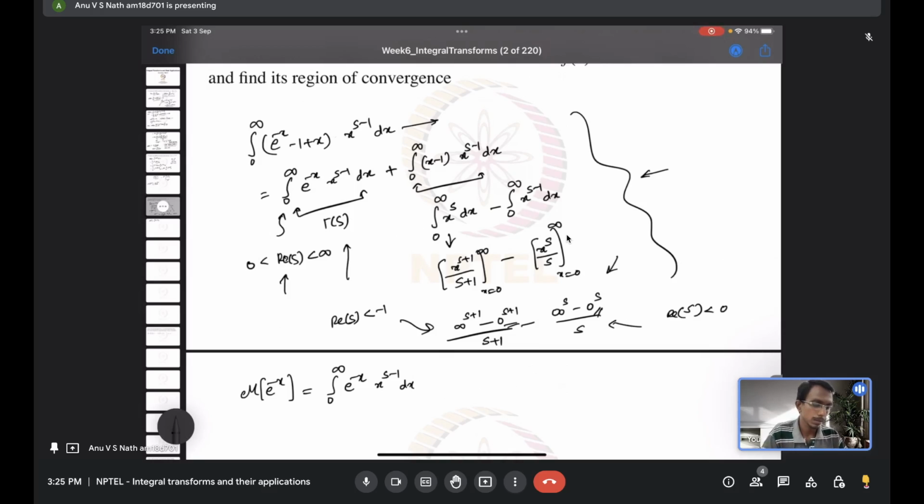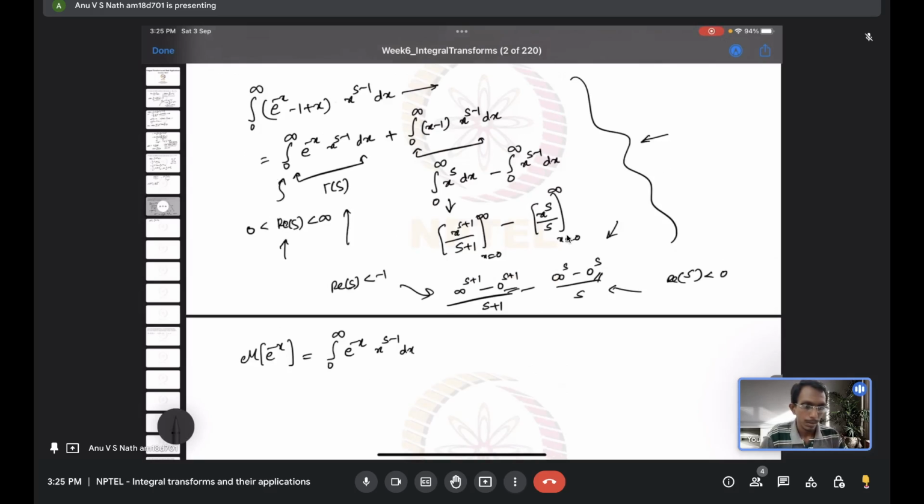That's just the definition of the gamma function, and it happens in the interval where the real part of s is between 0 and infinity. But the second integral, the polynomial integral, doesn't have a definite finite answer, it gives an infinite value. That's why we are going to do the inverse approach. Is there any doubt in that?